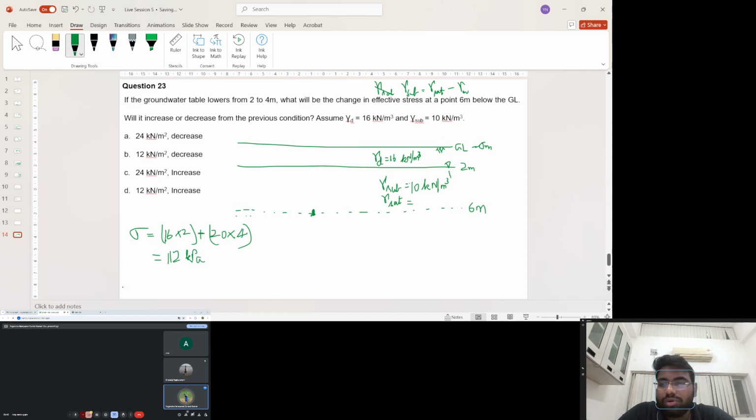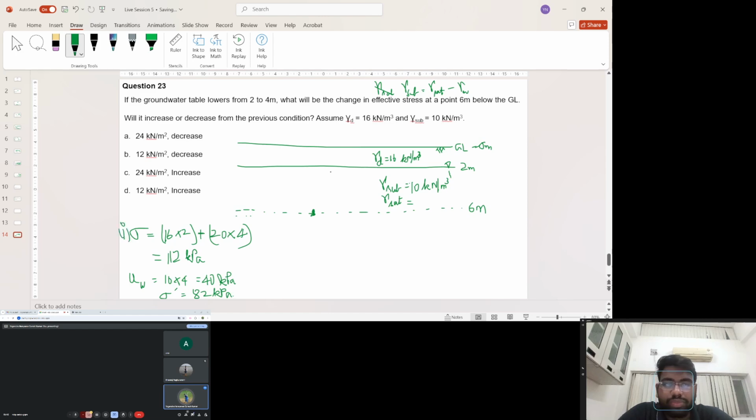Now we need pore water pressure. Pore water pressure in that condition is gamma W, 10 into 4, which is 40 kilopascal. So sigma dash is 82. Understood? This is for the first case.